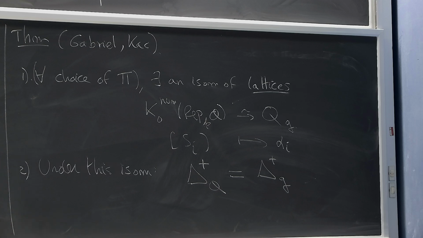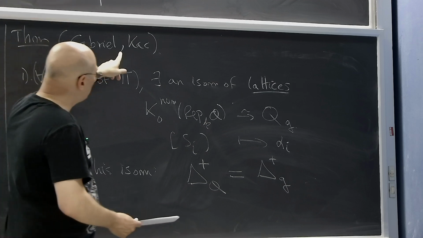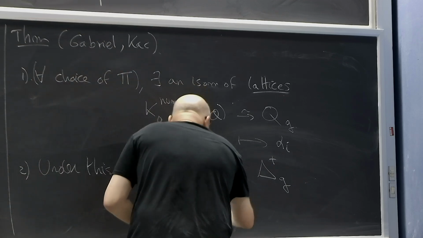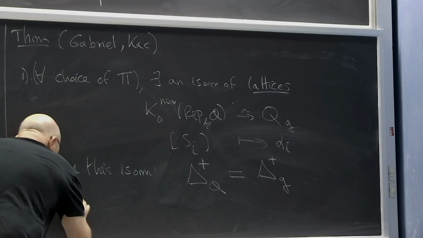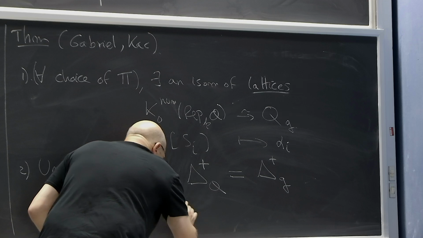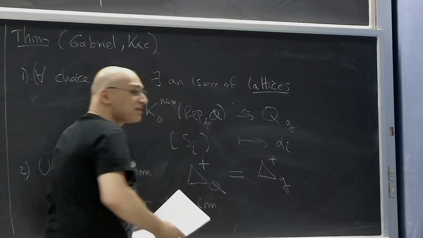Indecomposables match exactly roots in the Kac-Moody Lie algebra. This is Gabriel's theorem in the finite type and then extended by Kac. And what's even better is that this is also true for real and imaginary separately.